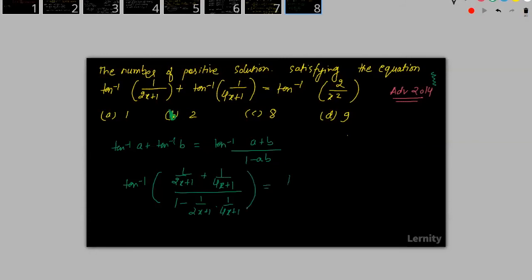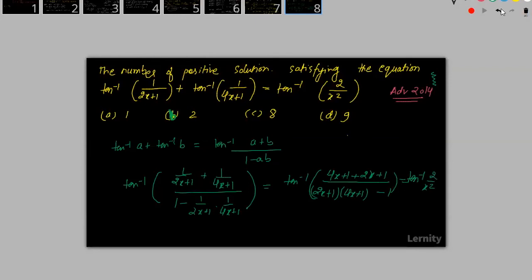So this is simply tan inverse of (4x plus 1 plus 2x plus 1) divided by these two product, that is, 2x plus 1 into 4x plus 1 minus 1. This is equal to tan inverse of 2 by x square, right?